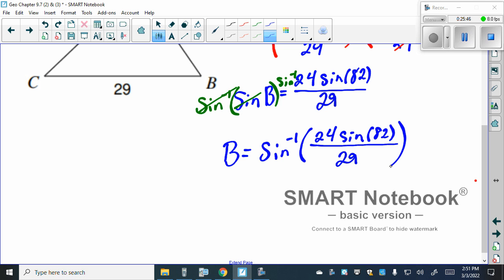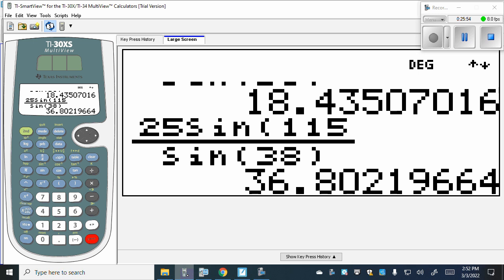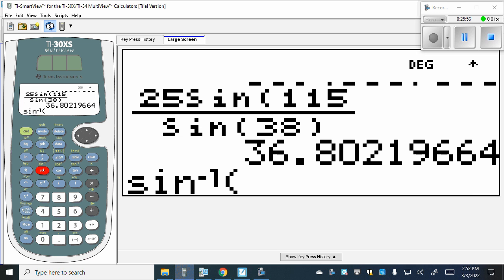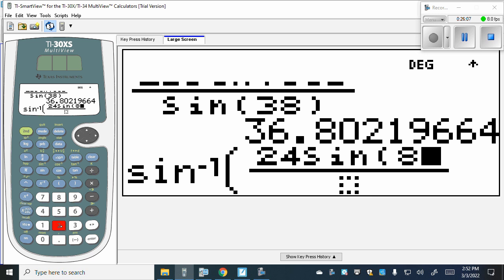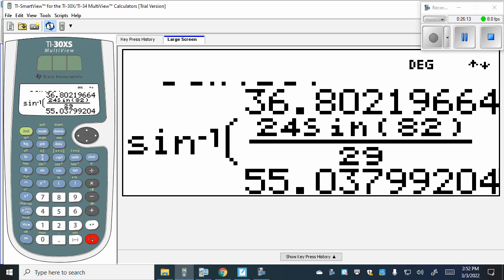Now again, at this point we could type this whole thing into the calculator. So we can say second, sine inverse of 24 sine of 82 over 29, and we can hit enter. So we get 55.037. We can round it to the nearest tenth, which would just be 55.0.